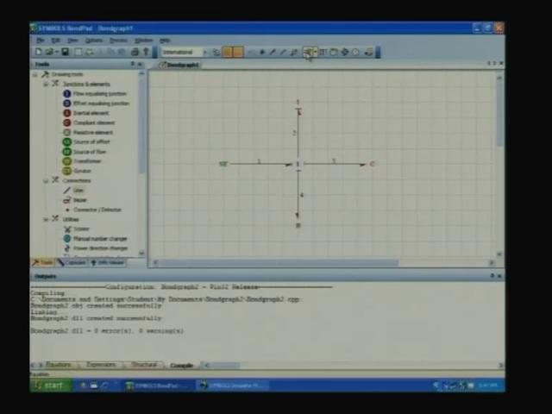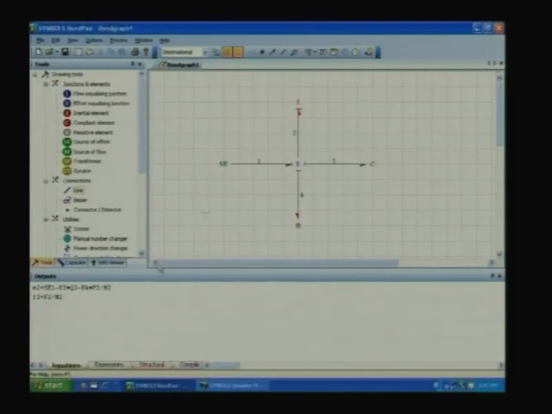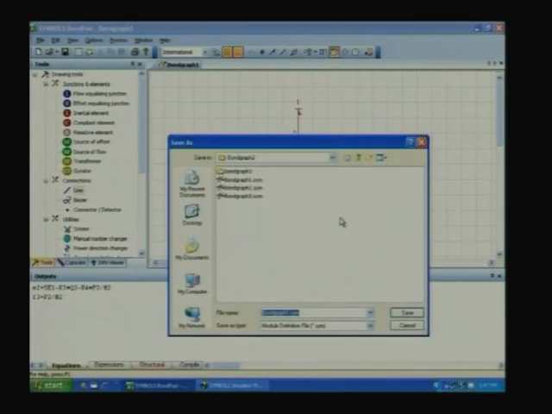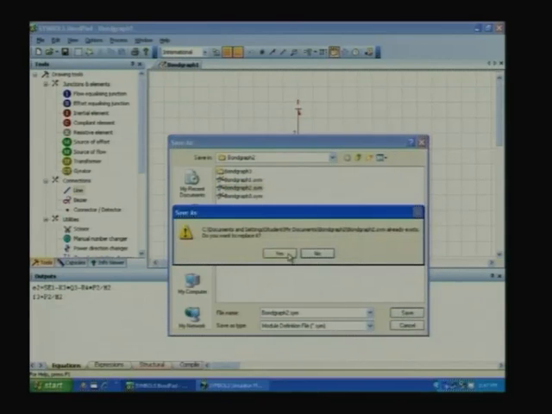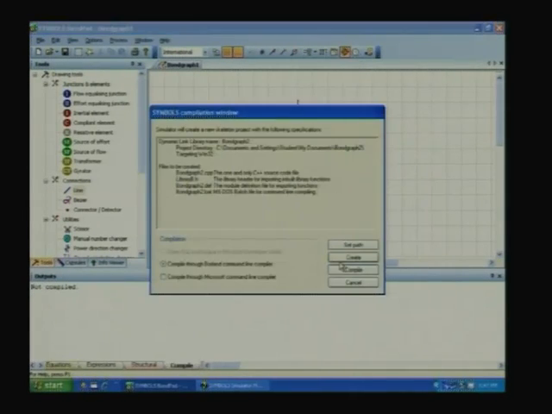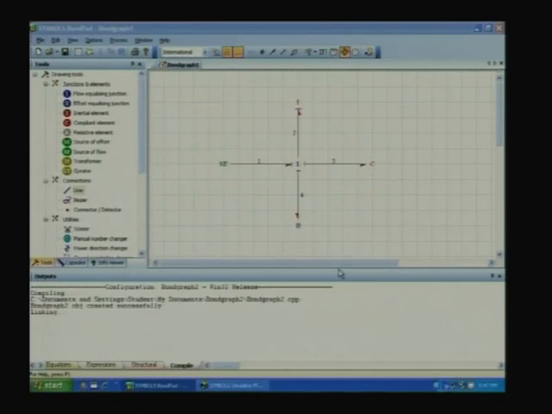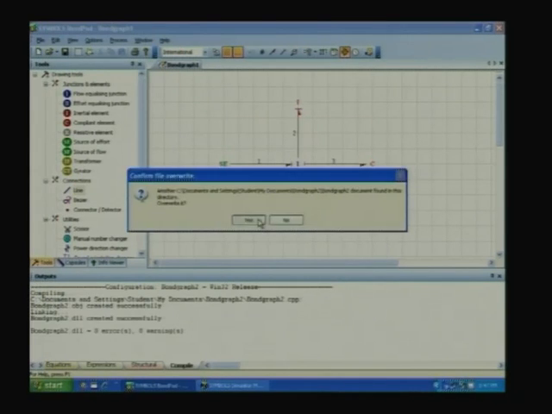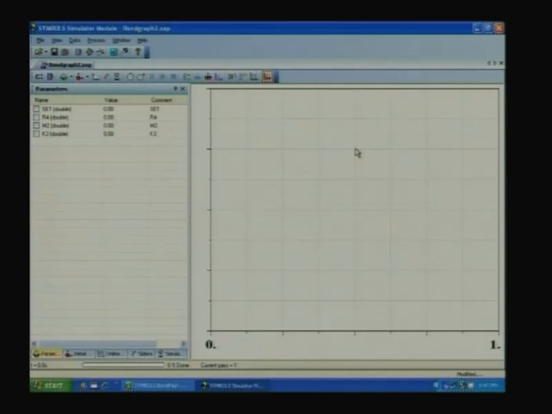So, the next step would be to generate equations. So, we can generate equations here. The next step would be to generate the simulation code, which we had saved. Yeah, good. And then we have to compile it. Fine. Now, we have to enter the parameters and then we have to simulate.